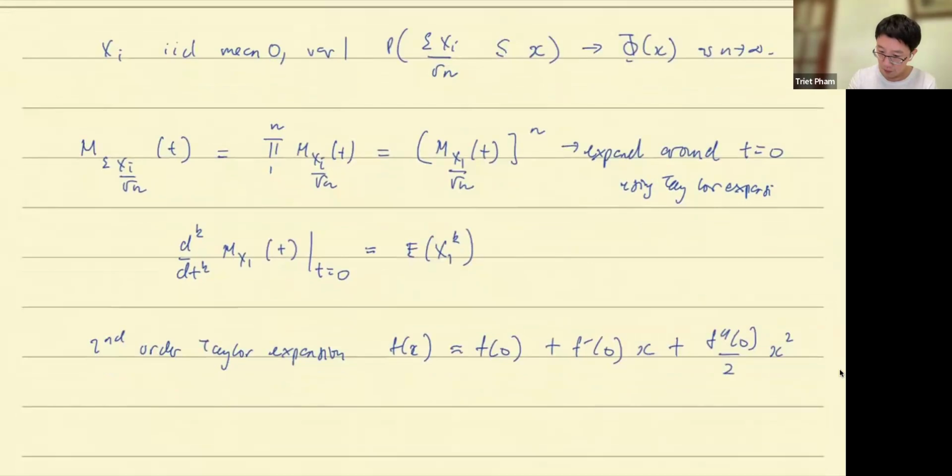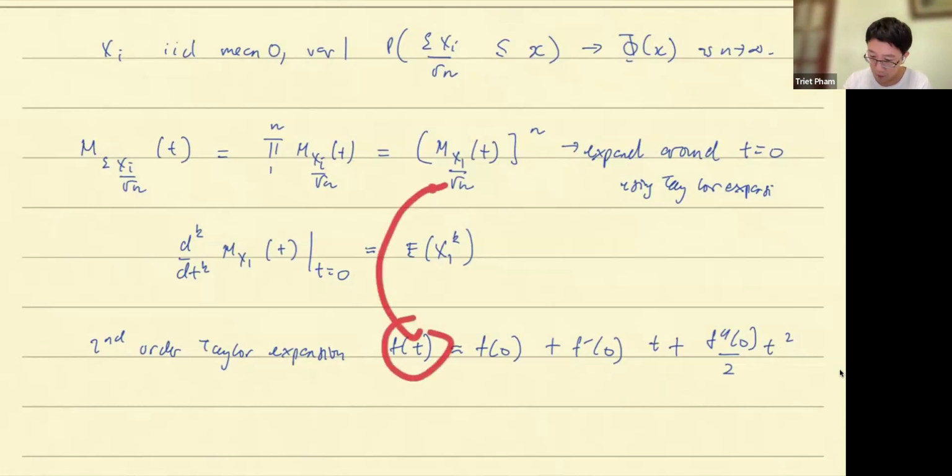Or, okay, it's f of t, and this is t, and this is t squared. Where f of t is what I have in mind, the MGF of x1 over root n.